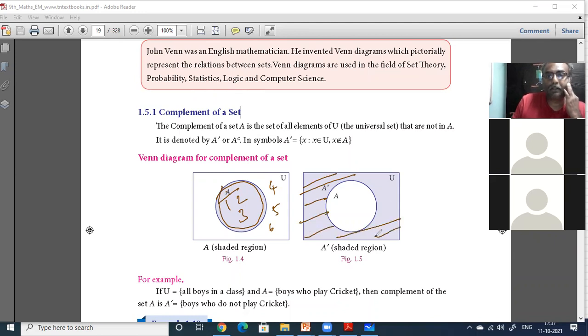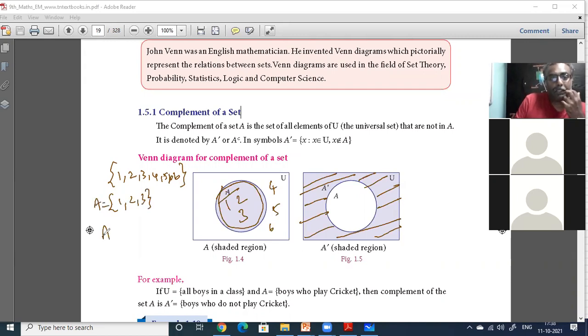Everything in the universal set that does not belong to A becomes the complement set. This is A complement. So you should visually understand that. When universal set is 1, 2, 3, 4, 5, 6, the set A is only 1, 2, 3.